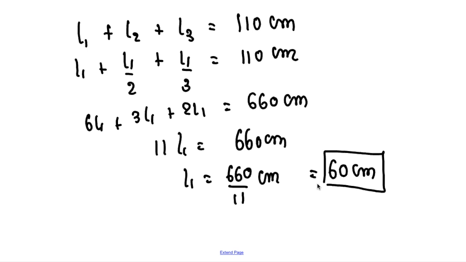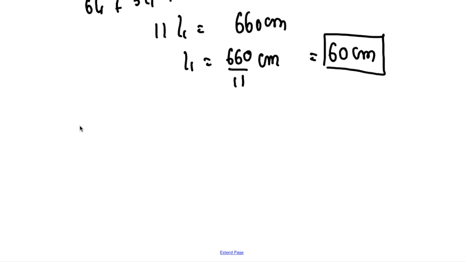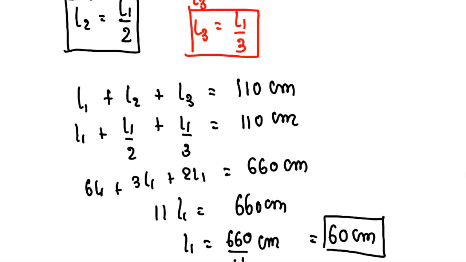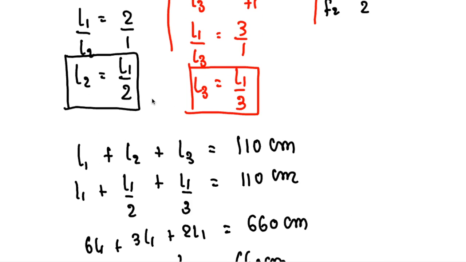Now substituting L1 in L2 and L3. We had seen L2 is equal to L1 by 2, L3 is equal to L1 by 3.